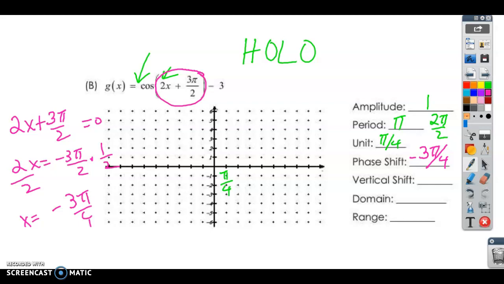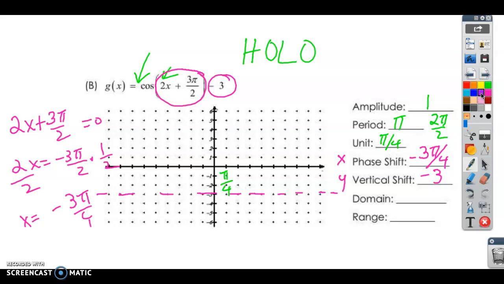Vertical shift. Vertical shift is right at the end there. Same sign. So now we've got our x coordinate and our y coordinate. Let's go ahead and draw in our vertical shift. Beautiful. Now let's go ahead and put our new 0, 0.